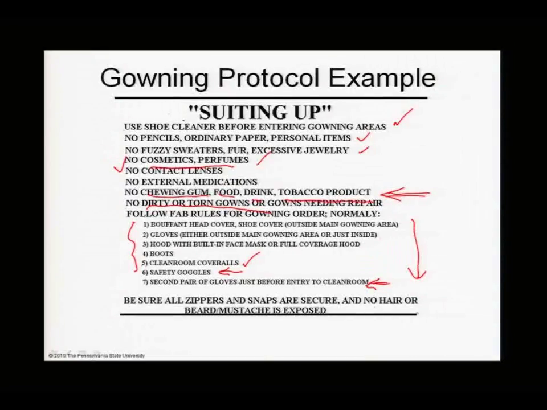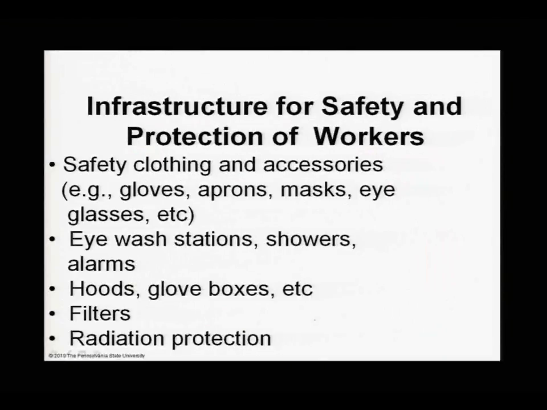And of course, you can't have any hair, facial hair, or beard or mustache exposed. So you have to do all these things to keep the manufacturing environment under control.